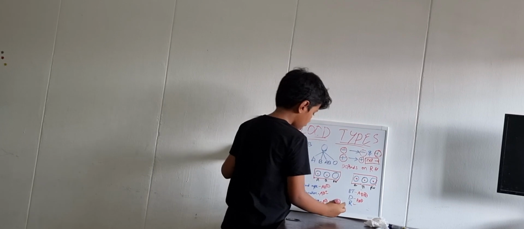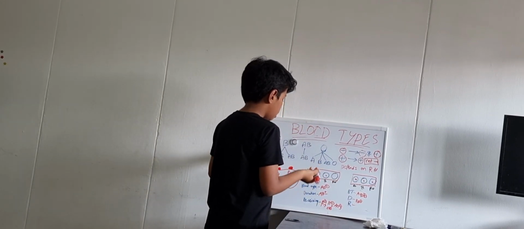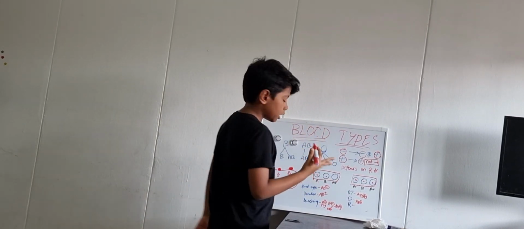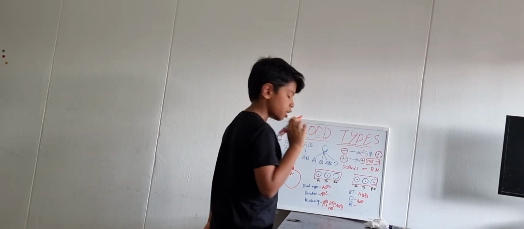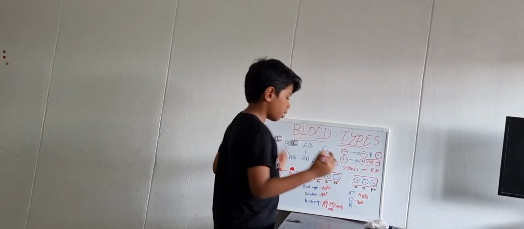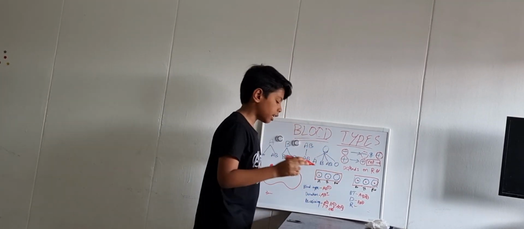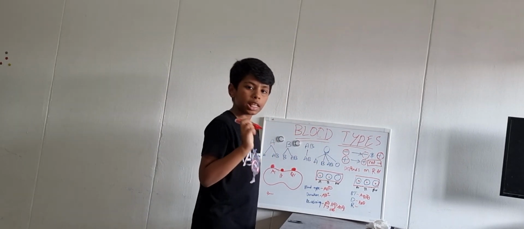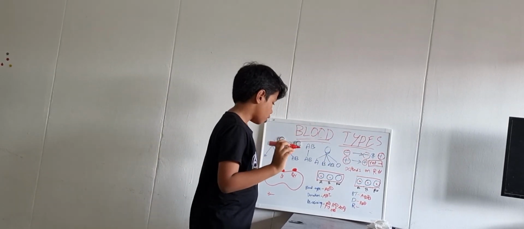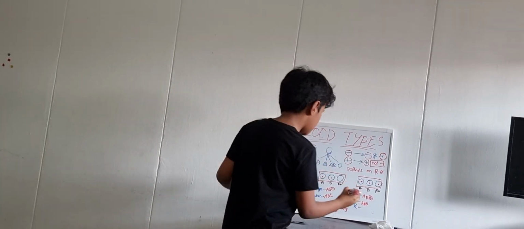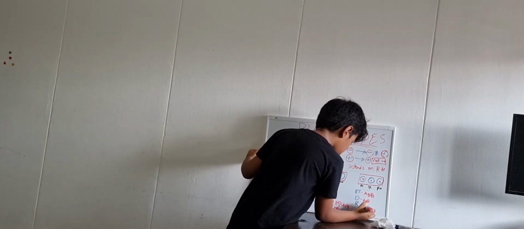Okay? Now for the receiving, again I told you AB is the universal recipient. And if you are having any type of blood with a positive, you are having a positive and negative on the recipient side. So everything is positive and negative on the recipient side.